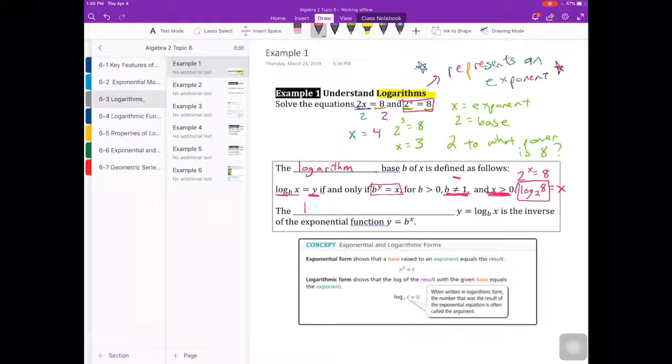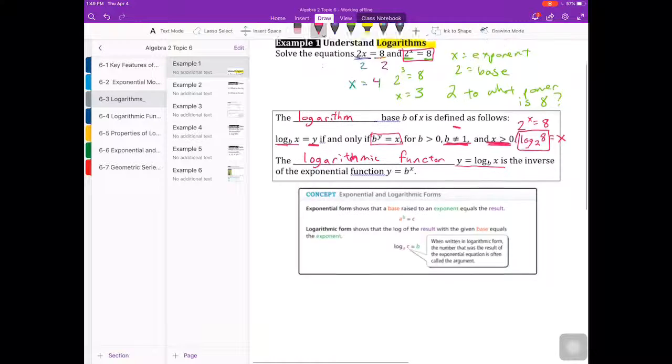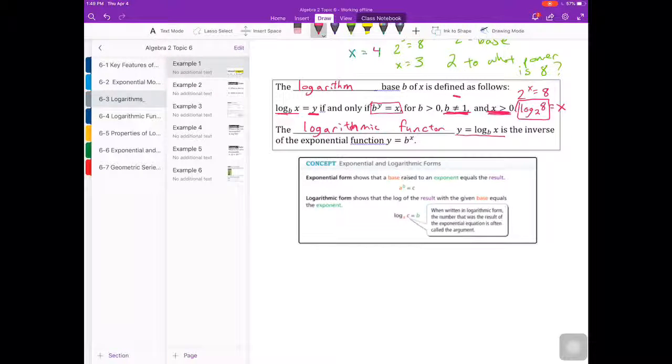So the logarithmic function y equals log base b of x is the inverse of the exponential function. So if you have y equals b to the x, and we're looking at growth here, we know that it looks like this.